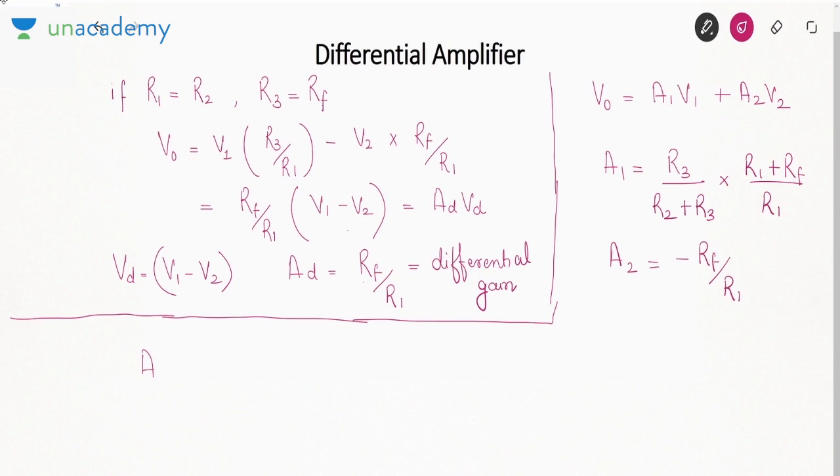Now we know that differential mode gain is written as A1 minus A2 by 2. What about common mode gain? It is simply A1 plus A2. If you see A2 is negative, so A1 plus A2 will be less than A1 minus A2.